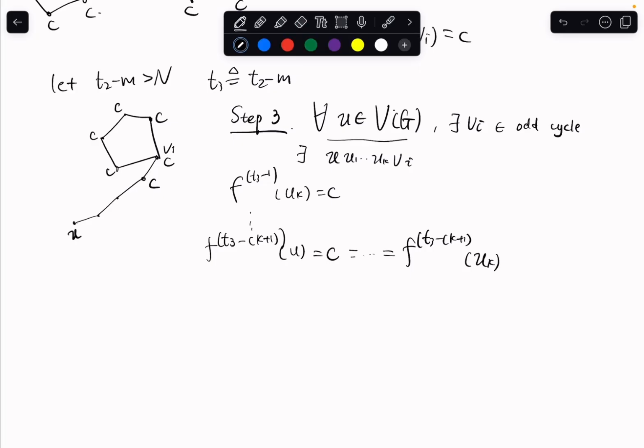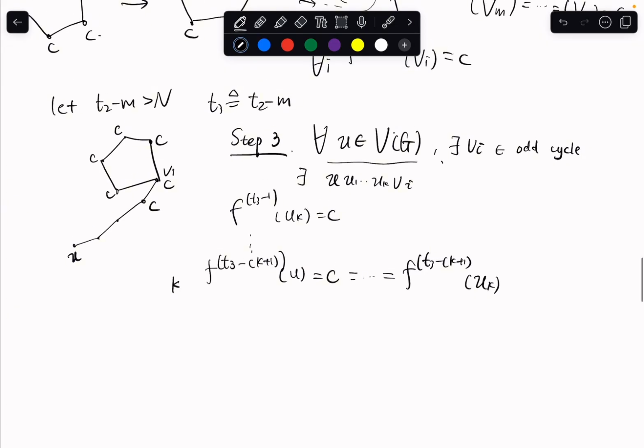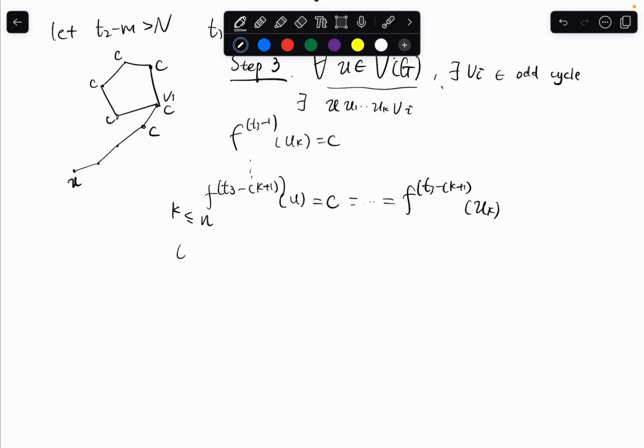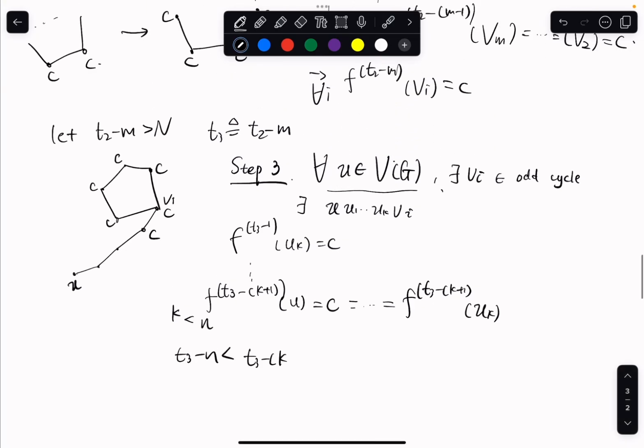And because we choose every u, and k is obviously greater than n, because there are just only n vertexes. So it is more than. Then we have that t3 minus n must be, well, because t3 is much smaller strictly, smaller than k plus 1.